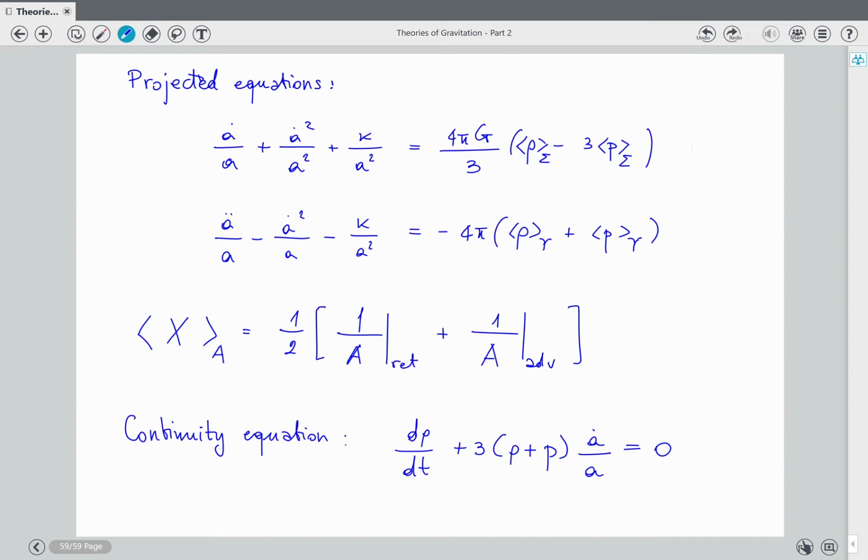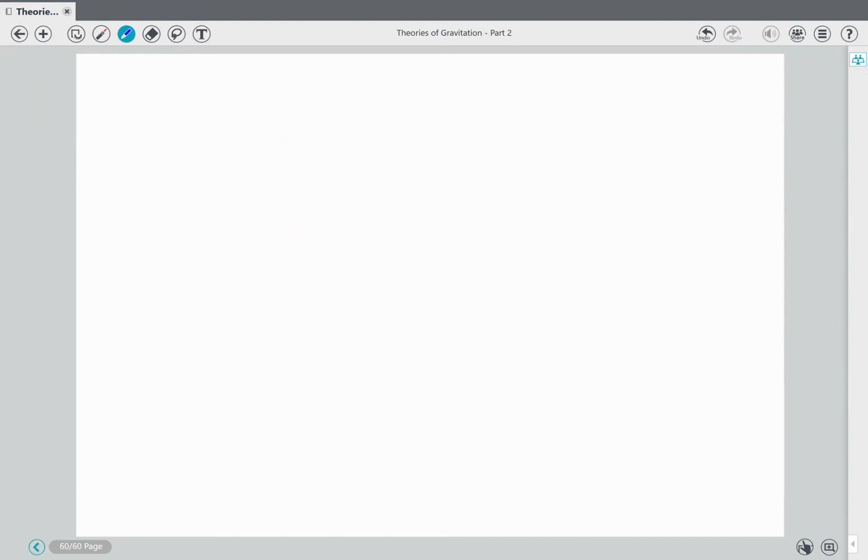But there is a simple case where you can solve them exactly, the projected equations, for radiation combined with the cosmological constant, which is the vacuum energy density, so-called.